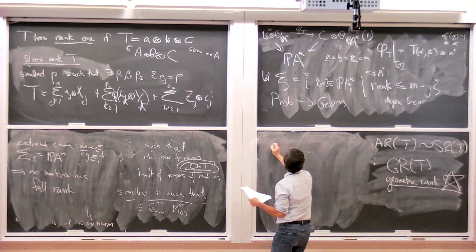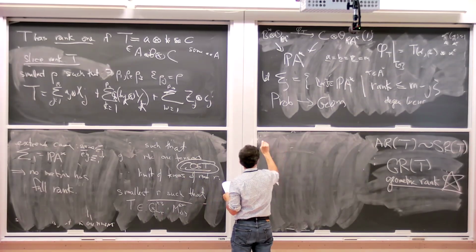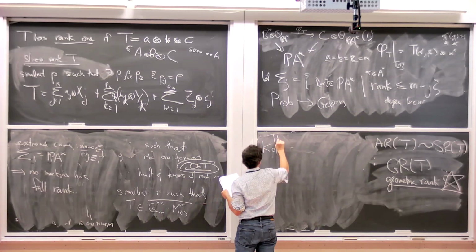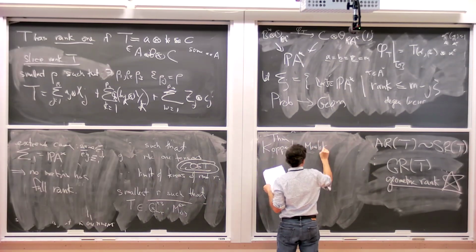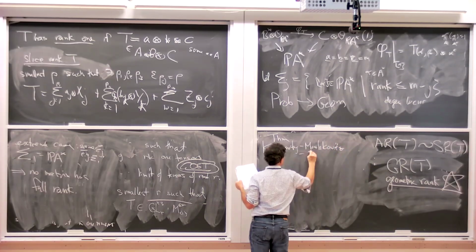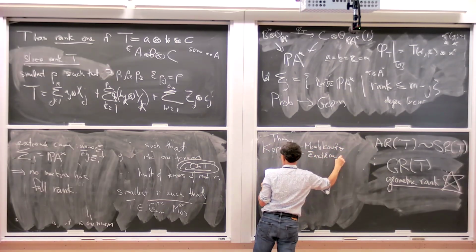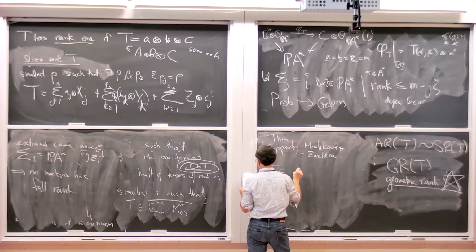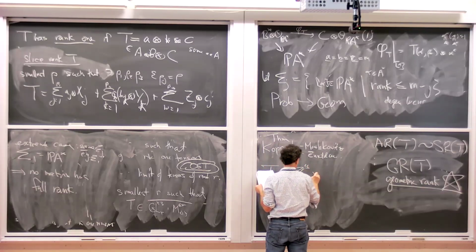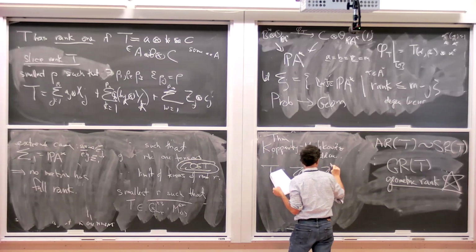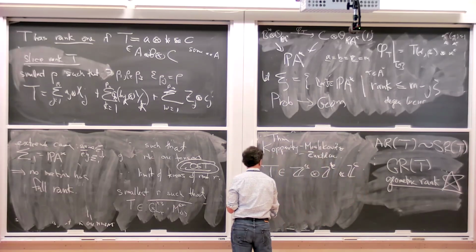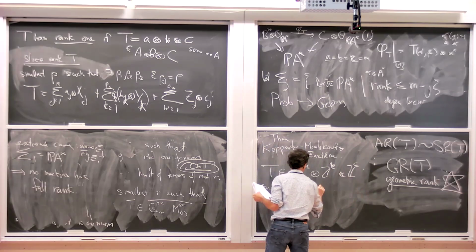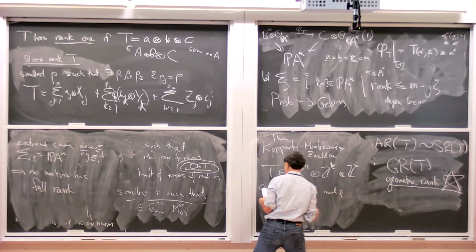So this whole geometric rank was defined exactly because of the following theorem. Let's say I have tensors with integer values. And consider T_p, which is just T where the entries I consider mod p.